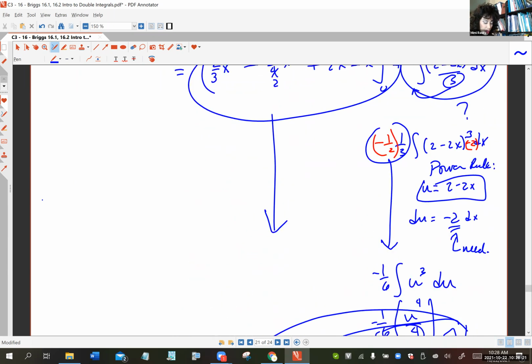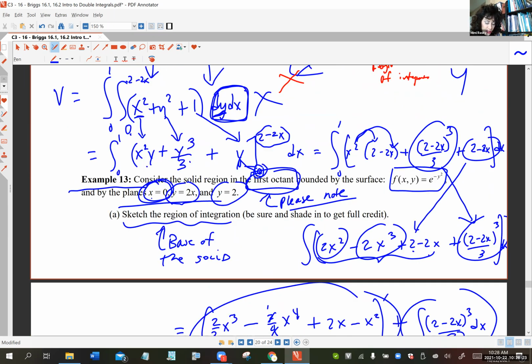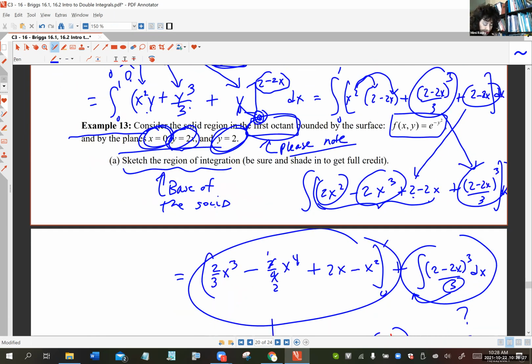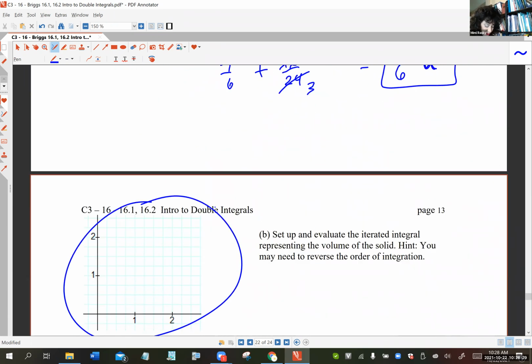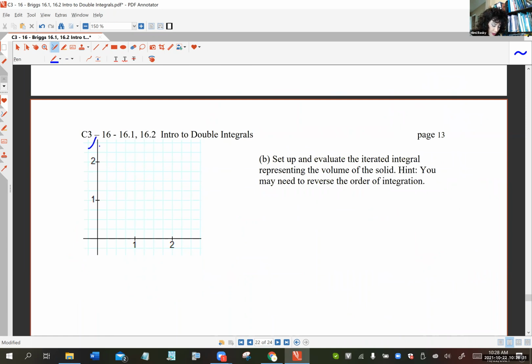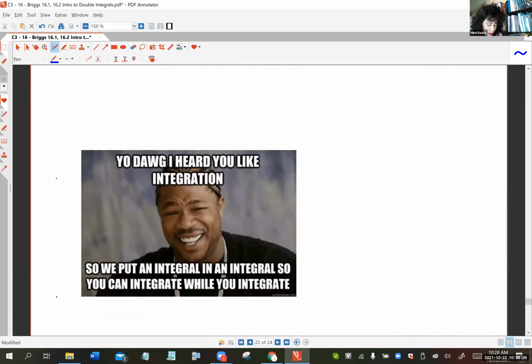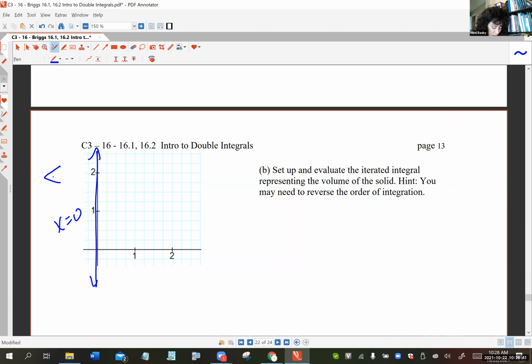Now what else? Well, we're going to graph x equals 0, y equals 2x, and y equals 2. X equals 0 is the vertical line on top of the y-axis. Y equals 2 is a horizontal line cutting through the y-axis at 2.